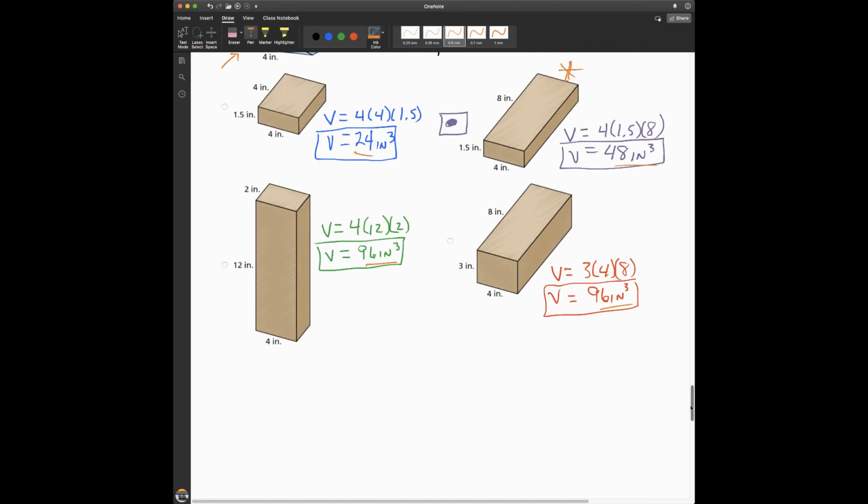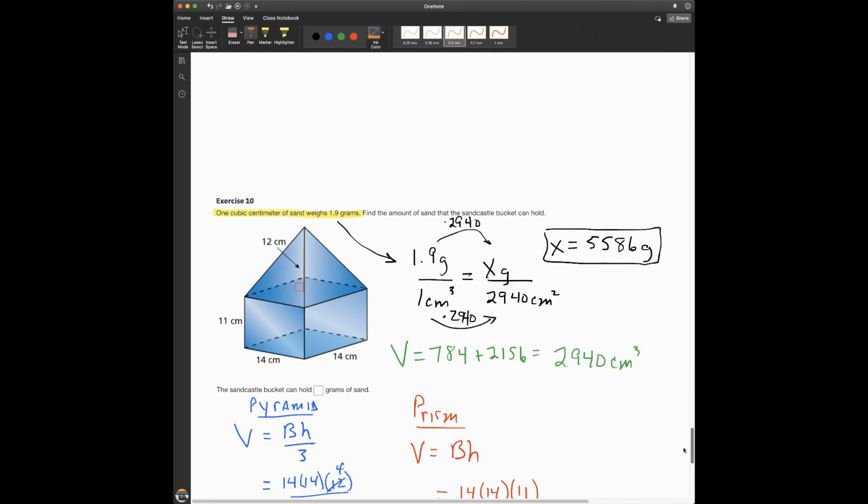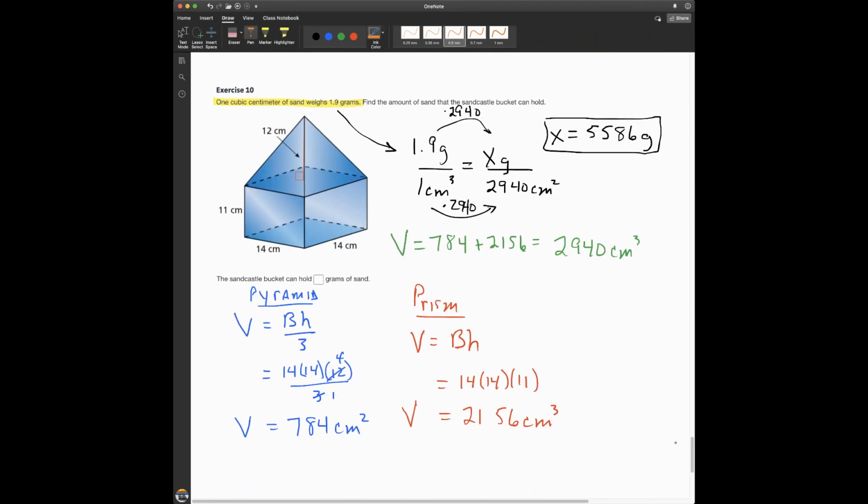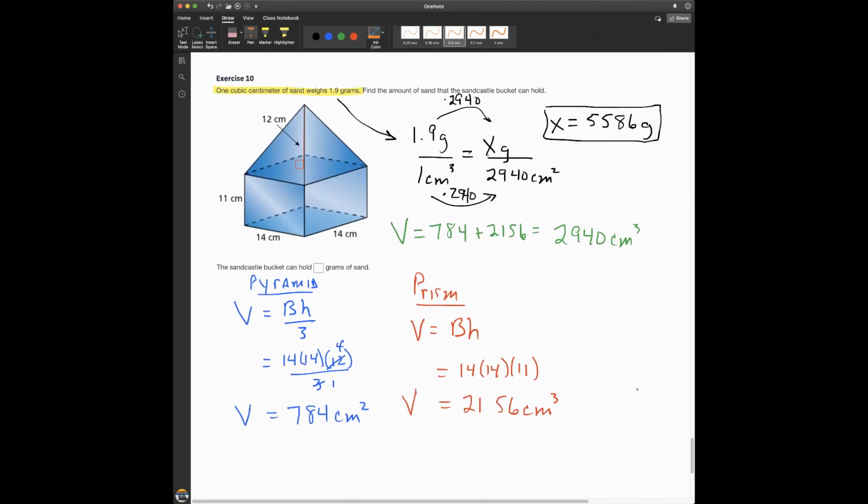All right, number 10. 1 cubic centimeter of sand weighs 1.9 grams. So I just wrote that down here because I'm going to need that. Find the amount of sand that the sandcastle bucket can hold. This doesn't even look like a sandcastle bucket, but we're to assume that it is. Maybe it's upside down or something.